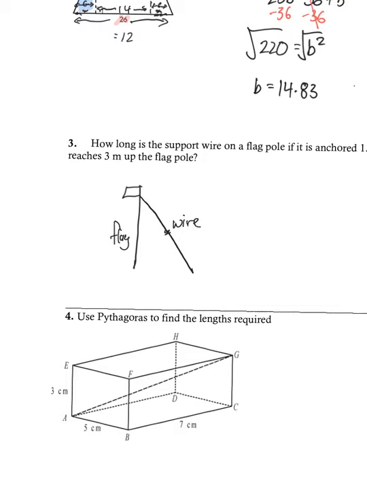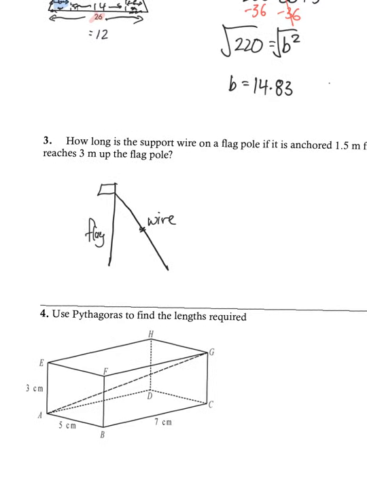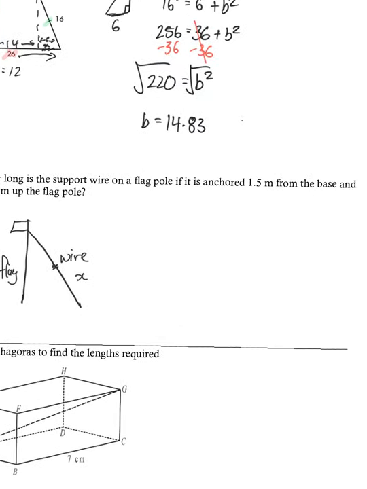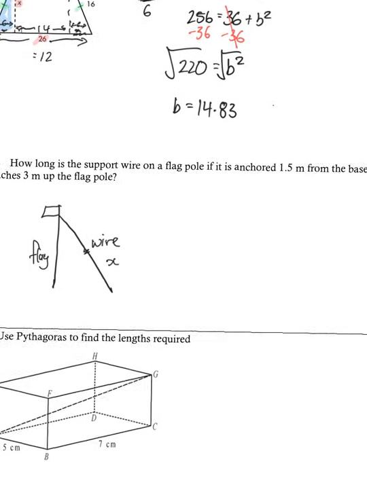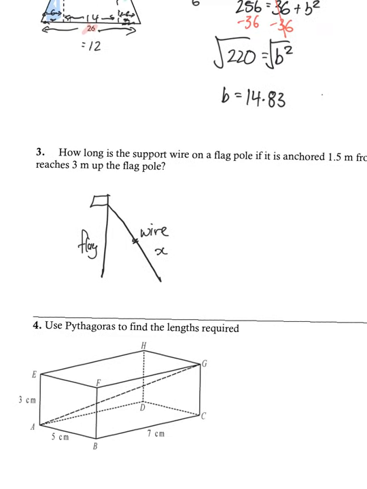What it says is that it wants to know how long the support wire is. So we don't know what that is. I'm going to leave that as X. We know that the wire is anchored 1.5 meters from the base. It should say from the base of the flagpole.